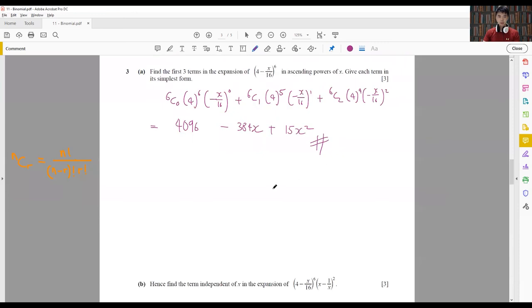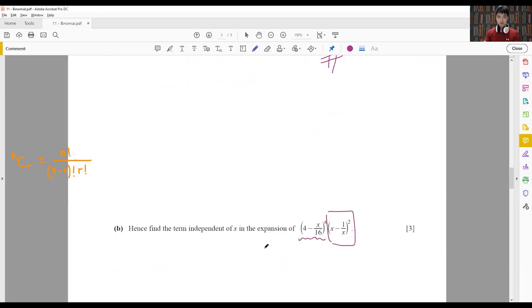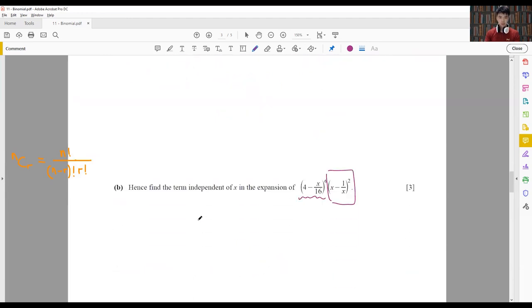Now, these kind of questions will always be related to the next one. Hence, find the term independent of x in the expansion of this. This is our expansion from question A, and this is the new expansion which we need to find out first. Finding out the expansion here, it is just x minus 1 over x times x minus 1 over x.